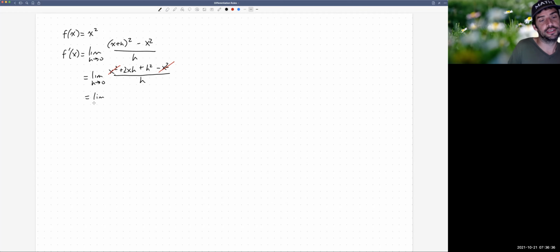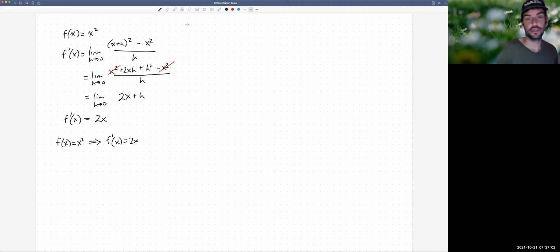The x squareds are canceled. We can also cancel a factor of h in the numerator, right? Because there's an h here and an h here. So we factor those out, and all we're left with is 2x plus h. Now the h goes to 0 and we're left with 2x. So f prime of x is equal to 2x. Let's write this one: f of x equals x squared and f prime of x equals 2x.